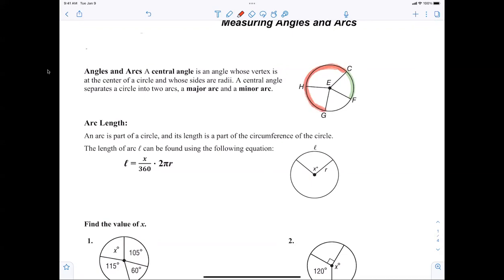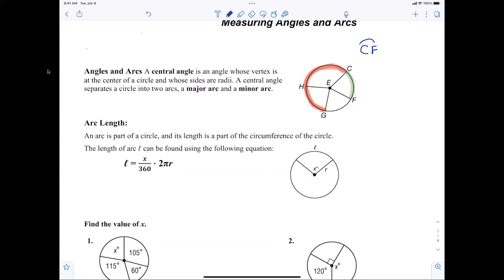The green is considered a minor arc. There isn't a semicircle on here, but a semicircle would be 180 degrees. Now, you define a minor arc with two letters, it's real easy. So if I wanted to talk about the measure of CF, it would be CF, and then this is the arc symbol.